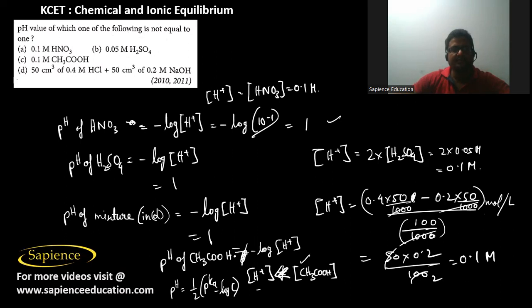So the pH value will be slightly more than 1. So option C is the correct answer, since here the pH is not equal to 1.